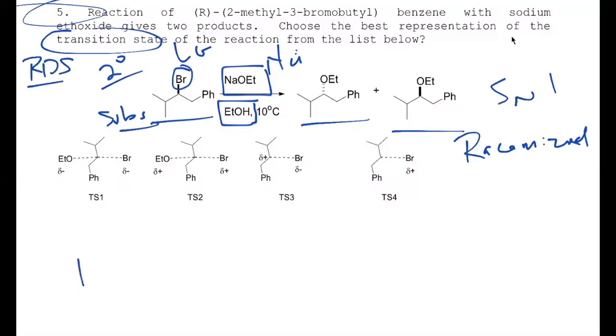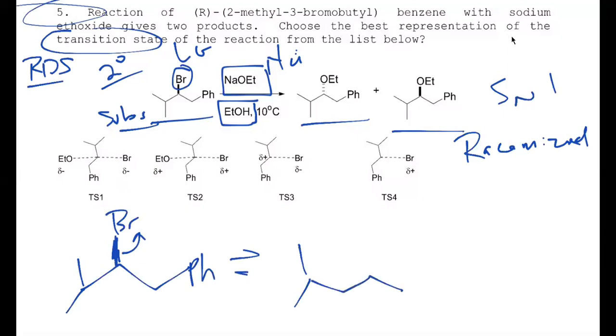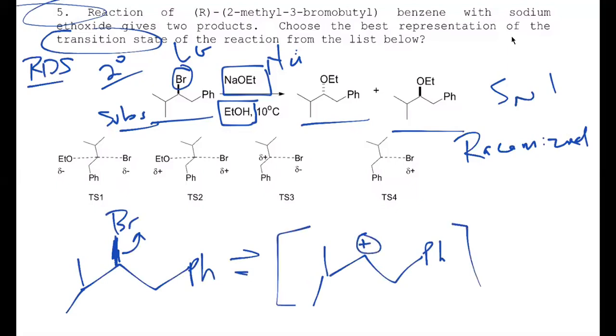So here is my starting material. And then my leaving group is going to leave, right? And that's going to leave me with this carbocation. This intermediate, is that right?